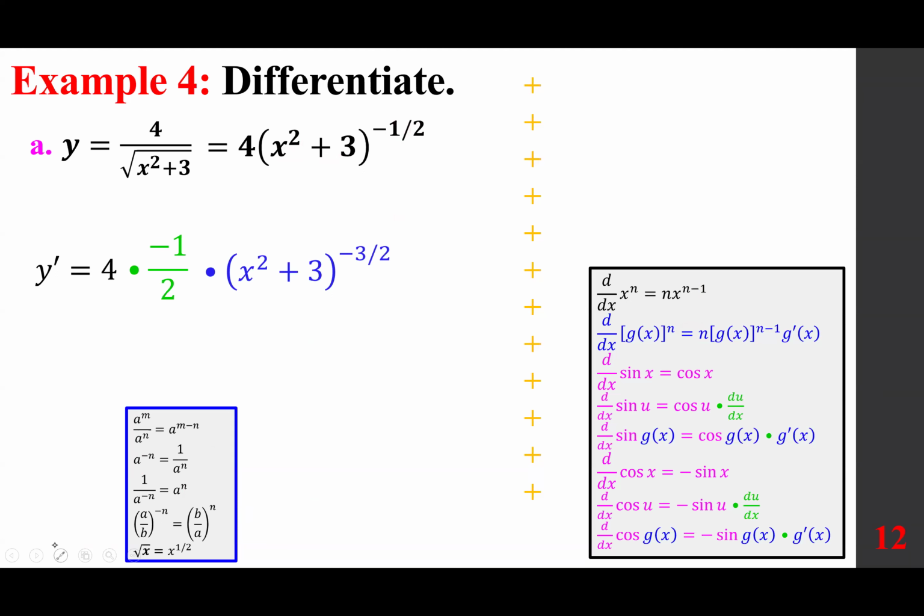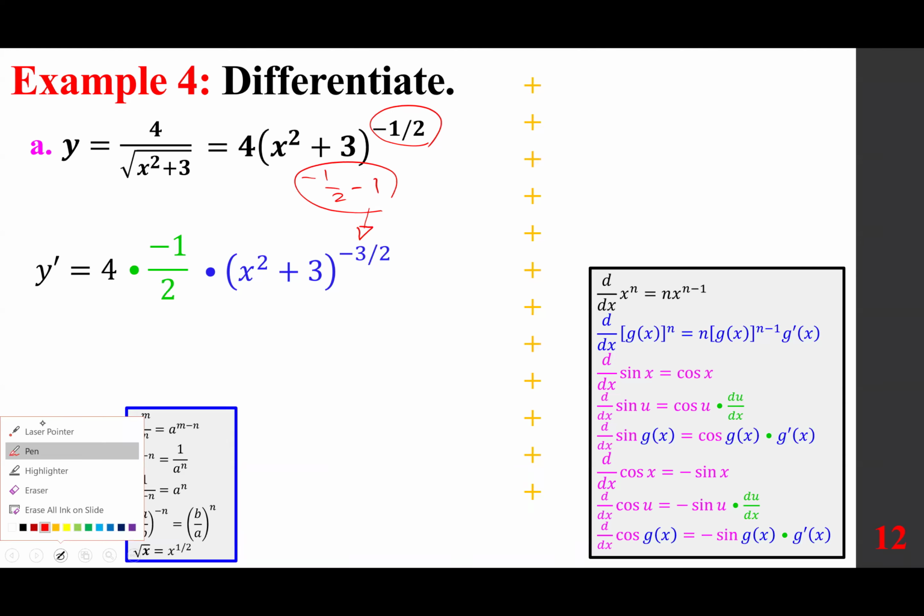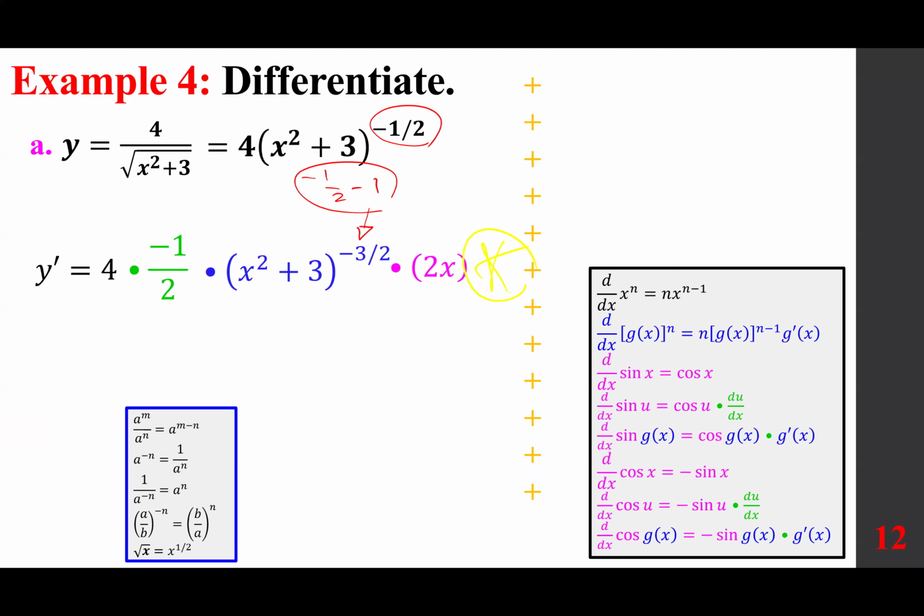In other words, negative 1/2 minus 1 is negative 3/2. Finally, g prime, the derivative of the inside, is 2x. And again, I put an asterisk next to it because I want to emphasize that we are done with calculus, everybody.